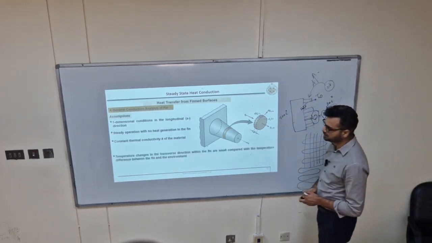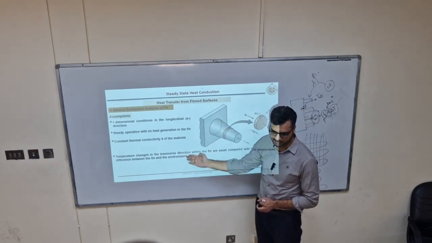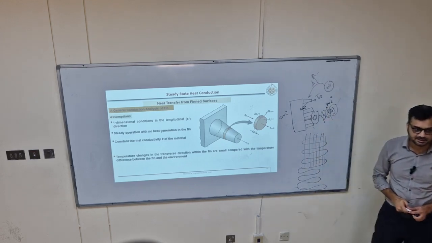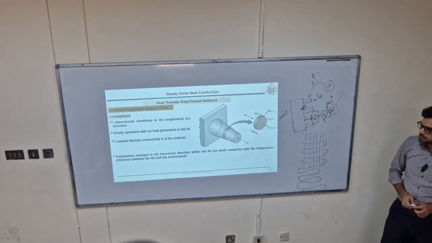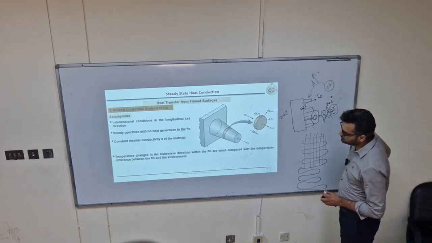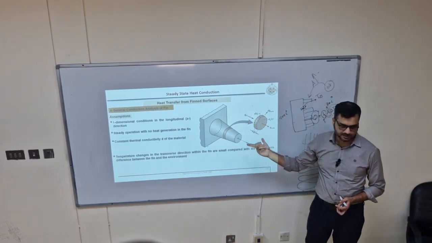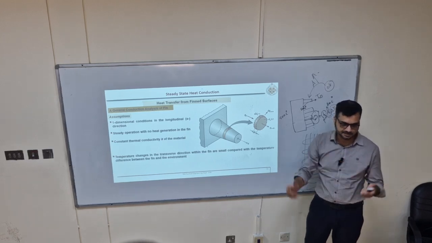Fourth assumption: temperature changes in 1D, which means in the transverse direction heat transfer is negligible. It's not like chapter 2 with cylindrical geometry and radial direction. Yes, if it is a cylinder, then radial, but there could be many different types. If it is a rectangular shape, then x-axis or y-axis.